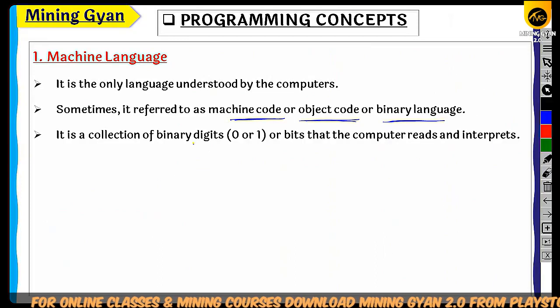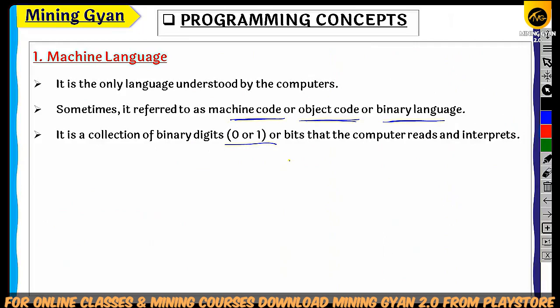It is a collection of binary digits 0 and 1, called bits, which the computer reads and interprets. So the computer can only read binary digits or bits. These binary digits 1 and 0 are used in the machine language.